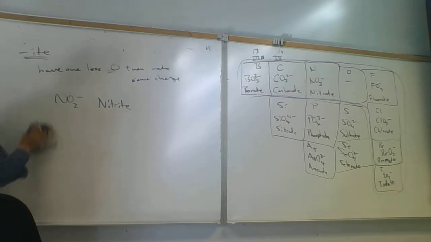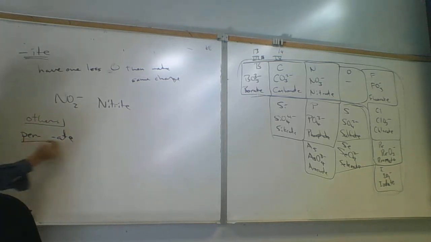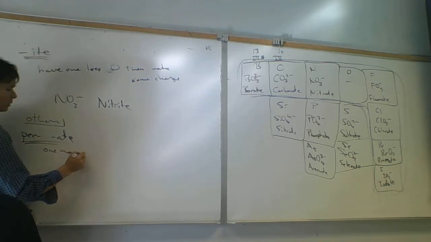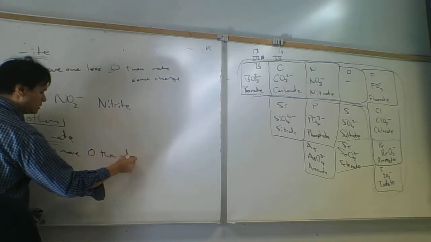Then I have some more others that are going to be similar. So for example, I have ones that are the per-ates. Per-ate means that we have one more oxygen than ate. Same charge.